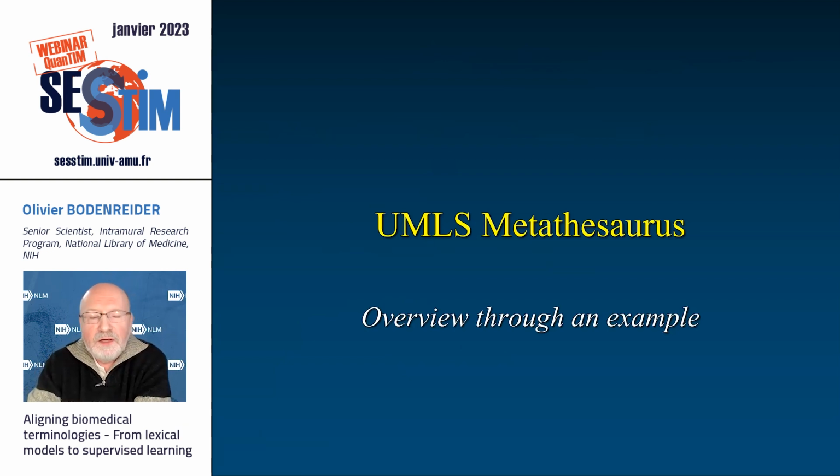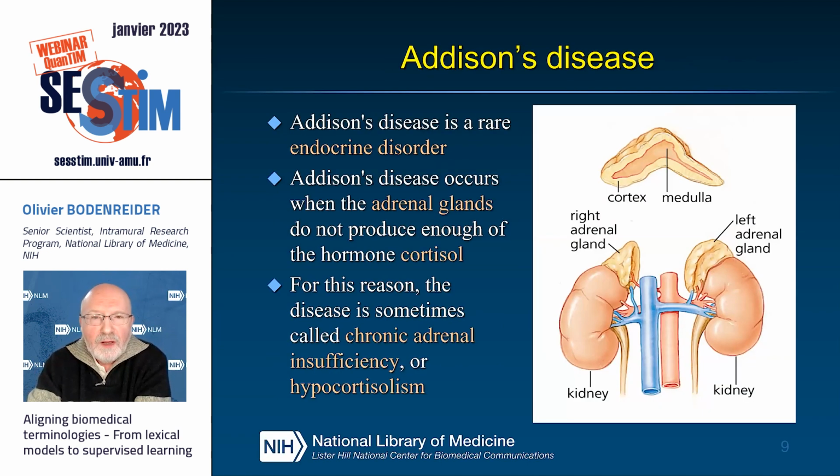So if we look at the UMLS through an example, we can take, for example, Addison's disease. That's an endocrine disorder that affects the adrenal glands. The adrenal glands usually secrete cortisol, but in Addison's disease, the production of cortisol is not sufficient.